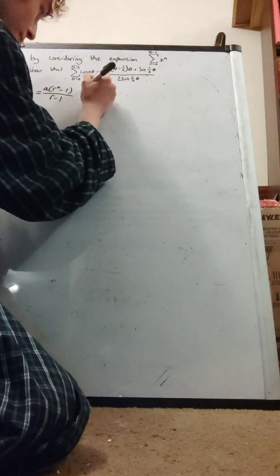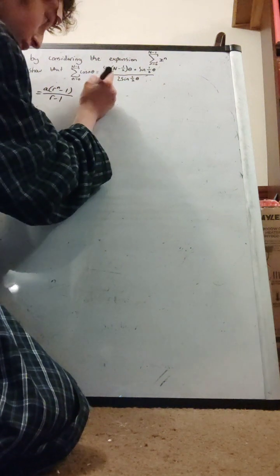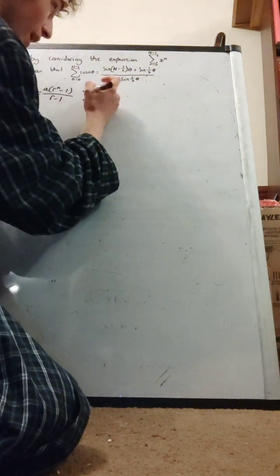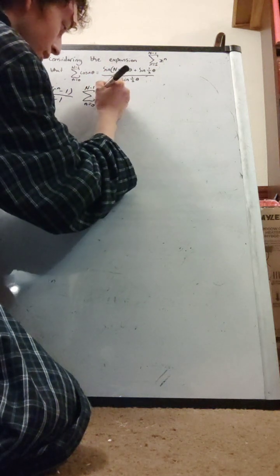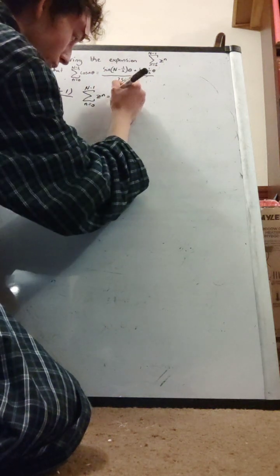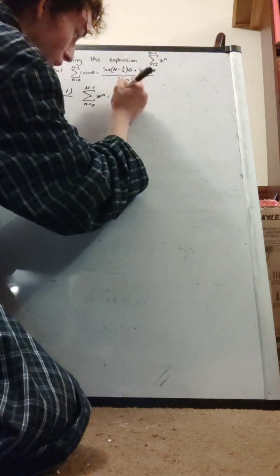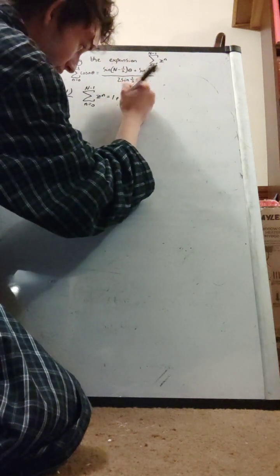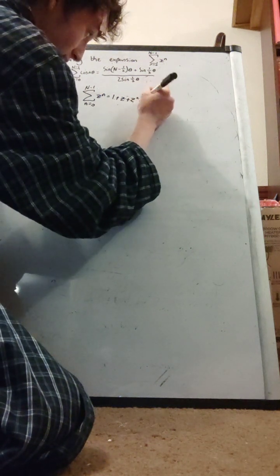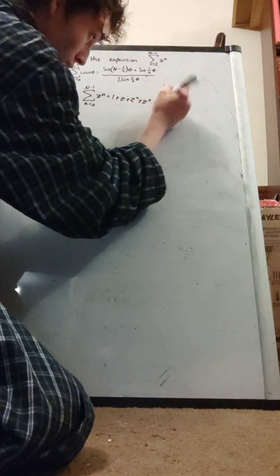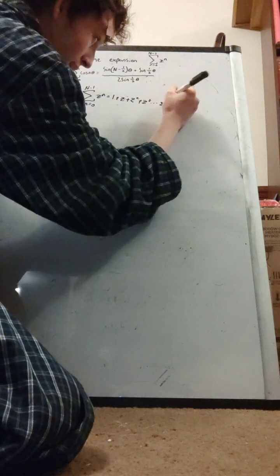If we write out the expansion here, we have the sum of z to the n is equal to 1 plus z plus z squared plus z cubed up to z to the n minus 1, right?